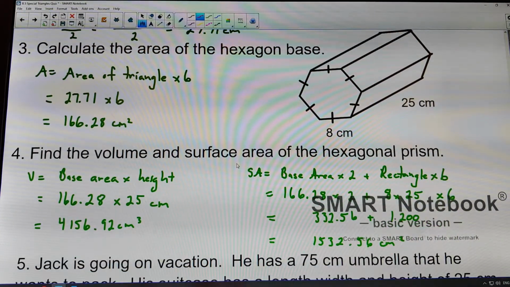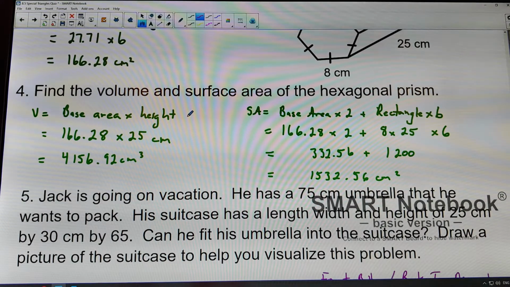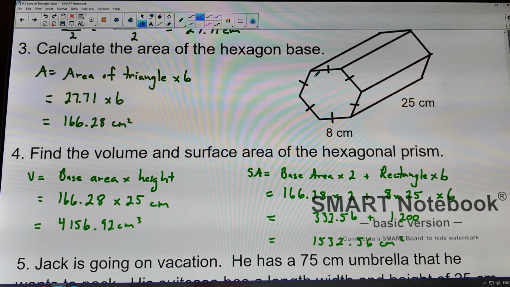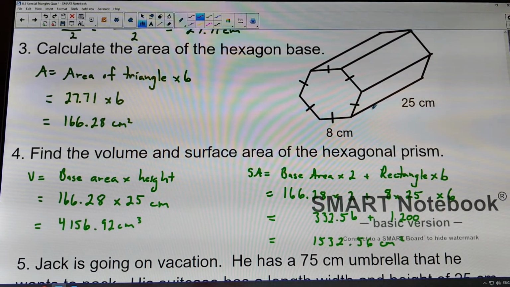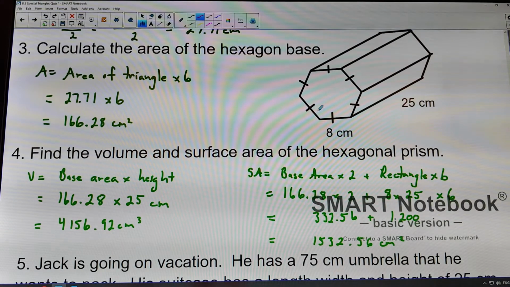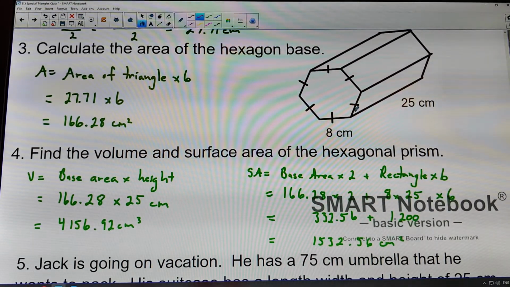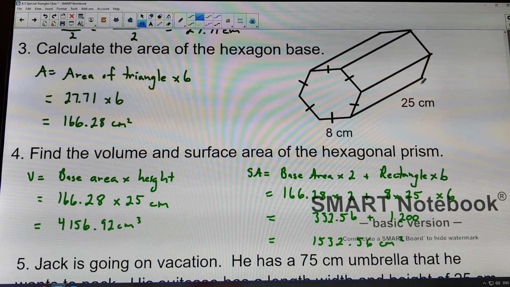Now that we know that, find the volume and surface area of the hexagonal prism. Volume is going to be area of this hexagonal base multiplied by how tall it goes. So you're imagining that it's sitting on this hexagon and this is going up, okay? When I say height, it's not height of the triangle, it's height or length of the entire prism.